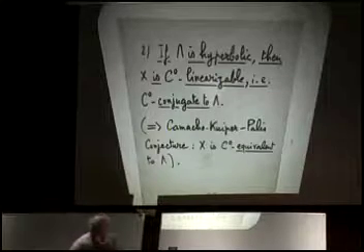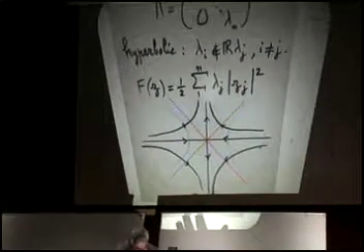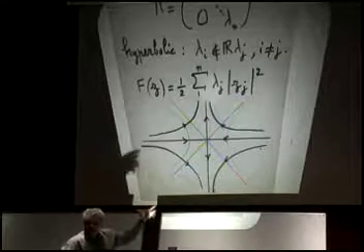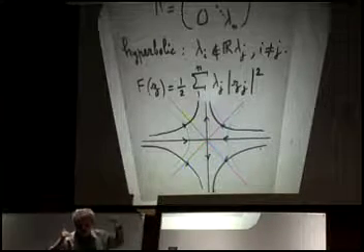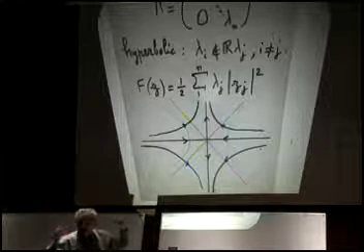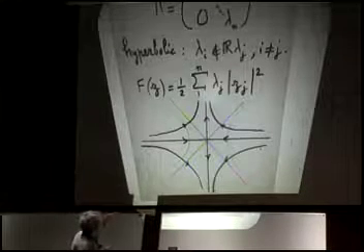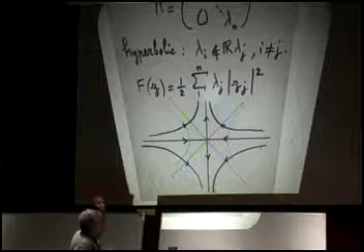Okay? So maybe the reason why I'm telling you this is that, going back to page 2, you see in that drawing, the red part was the zero level of F, and the green part was a non-critical level of F, a regular level of F. Okay, and what you can see is that it intersects some of the Poincaré leaves and not some of the others.